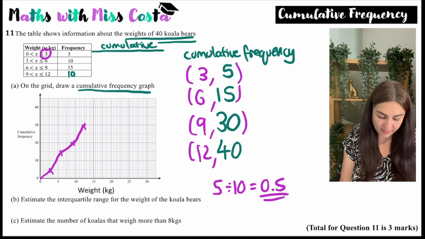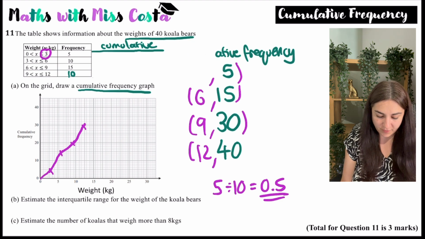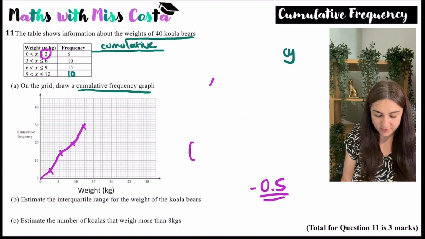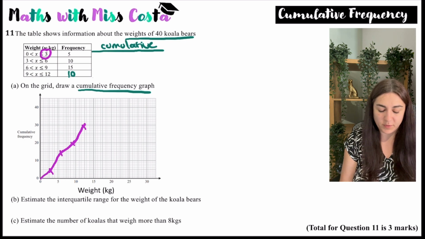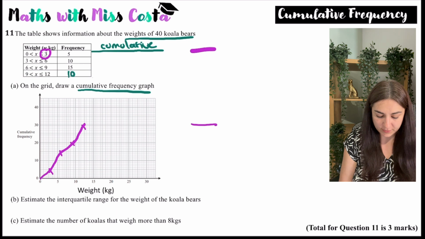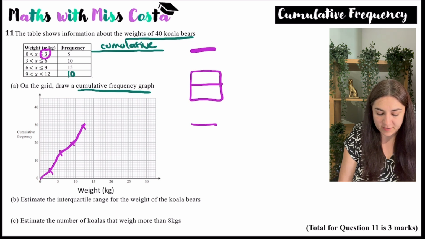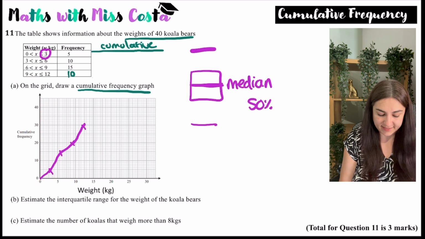So I've drawn the graph, and now I need to find the interquartile range. So with a cumulative frequency, and even with a box plot, you have your largest value, your smallest value, but then you have this section in the middle. So the median is always going to be 50% of the data. So there are 40 koala bears, so the median would be at 20.